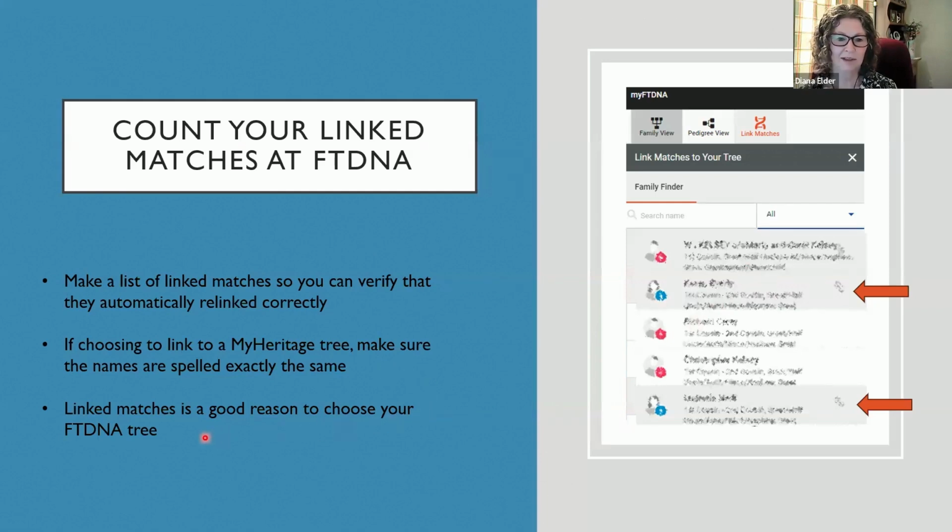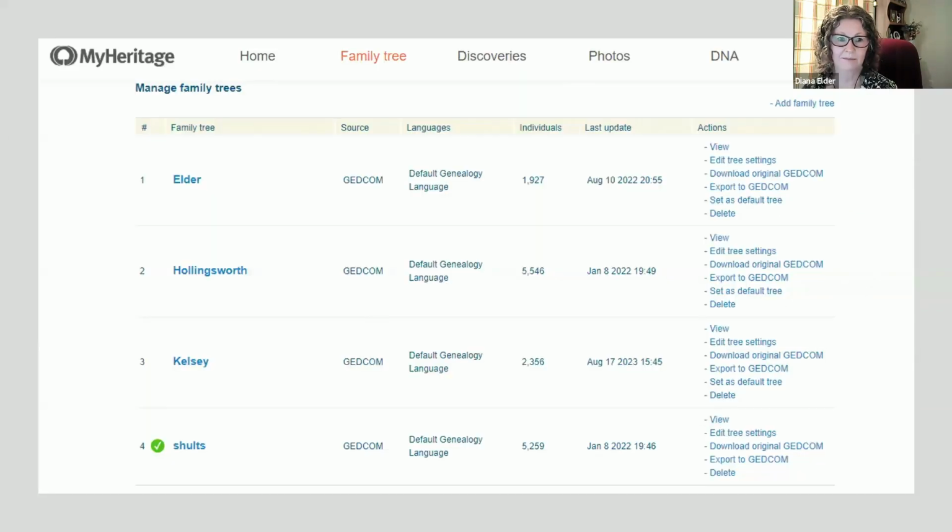And having this ability to transfer your linked matches is a good reason to choose your Family Tree DNA tree rather than choosing a MyHeritage tree that you already have existing. Again, it's just going to depend on how you've used your trees, what you're going to do with this decision. So I did choose to use mine.